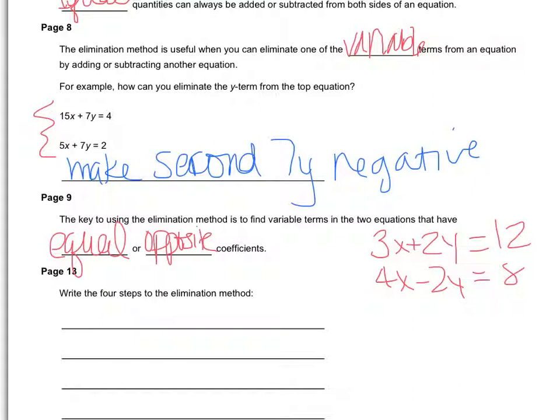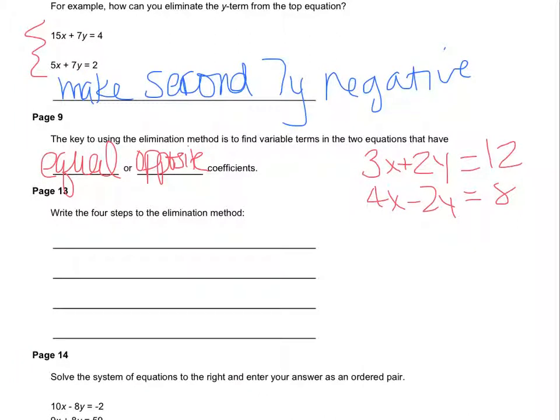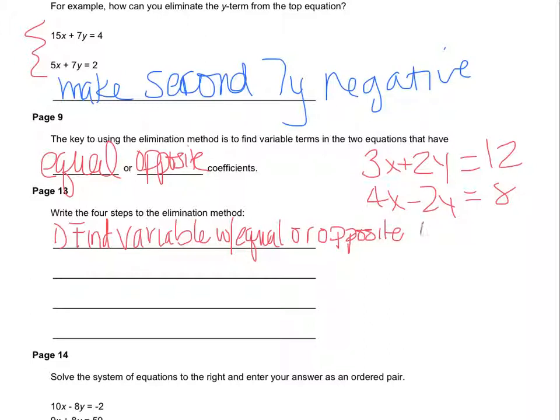So the next portion asks us to write the 4 steps of the elimination method. Our first step is to find the variable with equal or opposite coefficients.